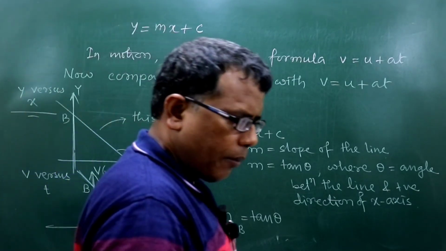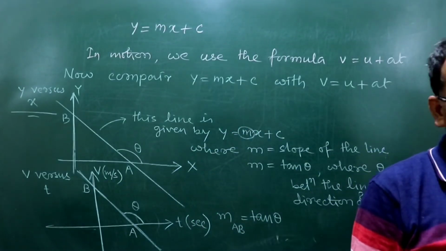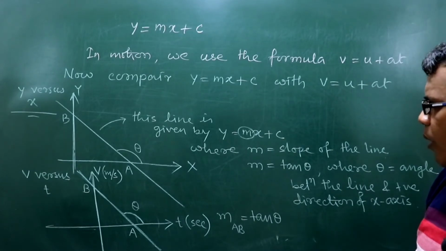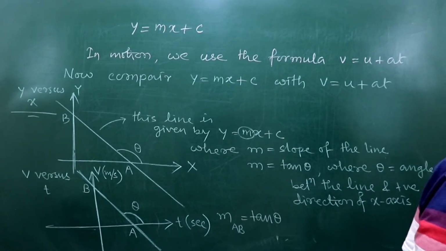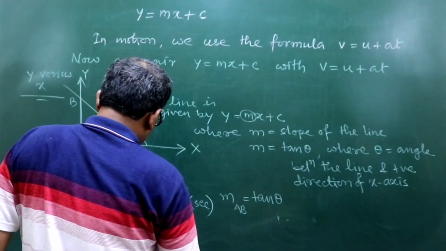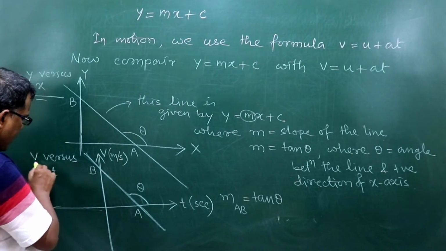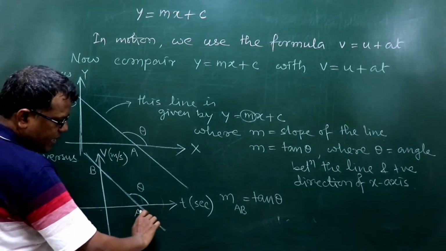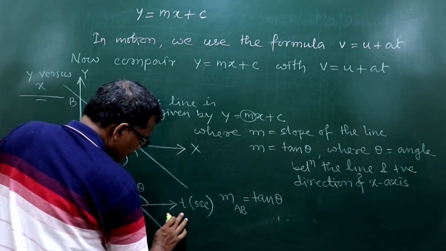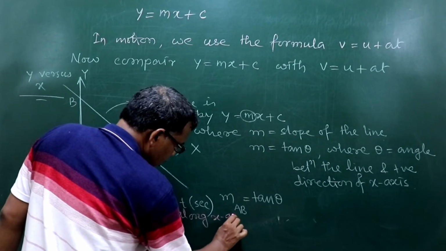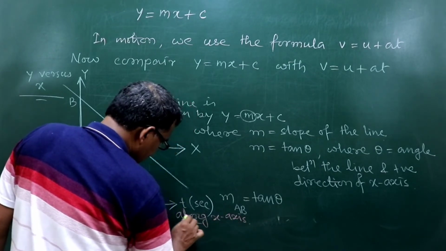In y is equal to mx, the slope of the line is decided by the numerical value appearing as the coefficient of x. m is appearing as the coefficient of x. When the graph is plotted velocity versus time, the parameter taken along x-axis is time.